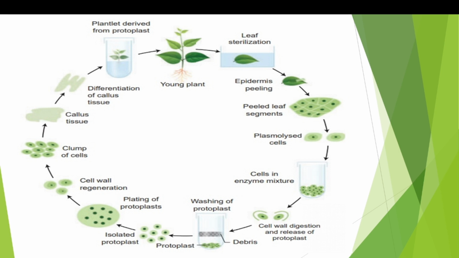If you remove that cell wall, genetic manipulation is somewhat easy. Because of that reason, protoplast culture is done. This protoplast culture is also possible because of the totipotency nature of the plant cell. So as all plant cells have this totipotency property, we extensively use this property in plant tissue culture and generation of different types of plant varieties. In animals, not so. So this is all about totipotency.